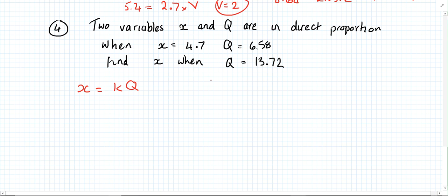However, that is not a complete equation because we've got to find k to do that. Now you would have done the same thing by finding, like I said, the ratio 1 to k, then as long as you put it in, fine. However you want to do it, but you have to know to do that. It's the same process, isn't it? I would now go 4.7 equals k times 6.58. That's K is 4.7 over 6.58, which is 1.4.